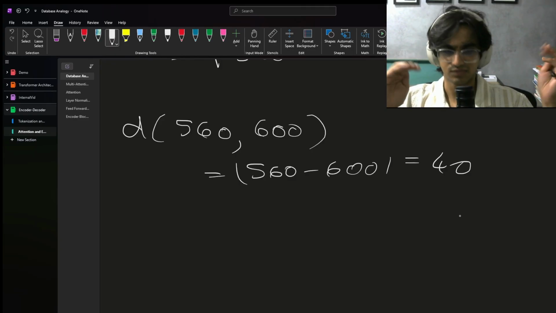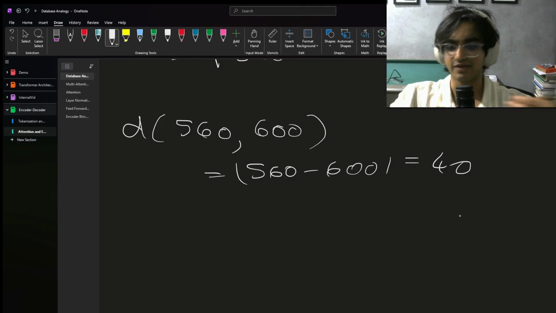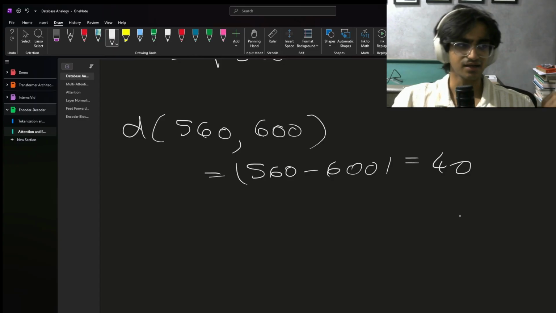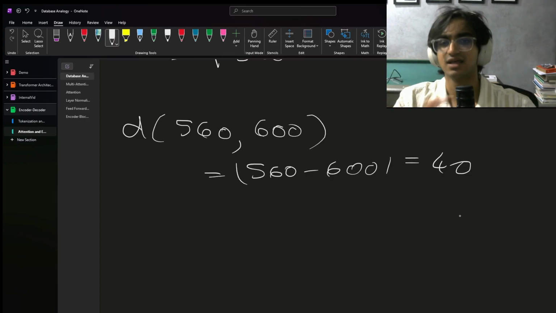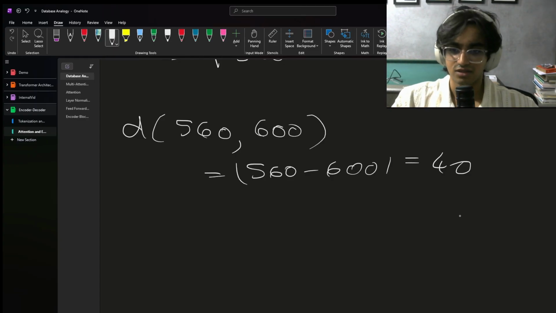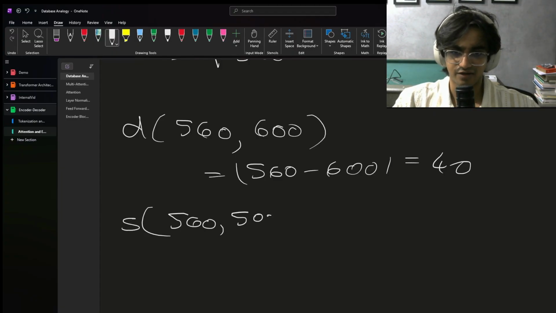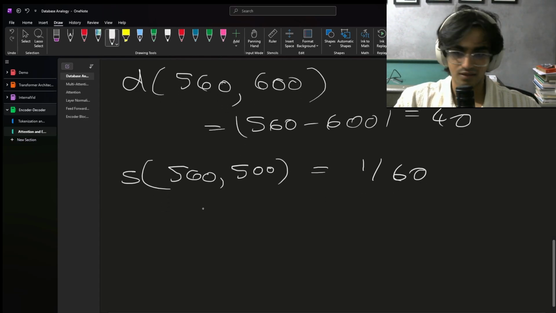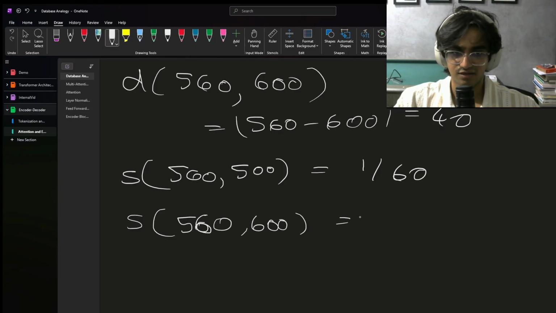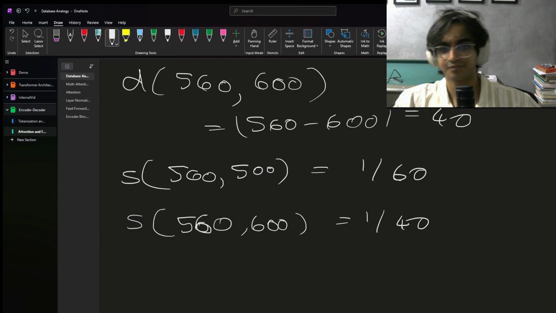So just know, obviously, the farther away the point is, the less similar it is, right? So there's an inverse relation, hence we're taking the reciprocal. So we can define our similarity for 560 and, let's say, 500 as 1 over 60. Similarly, we can define the similarity of 560, a query, with 600 as 1 over 40.